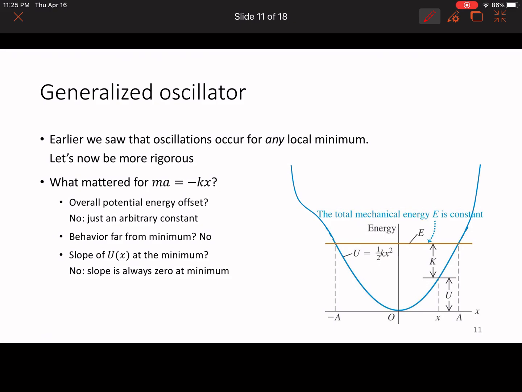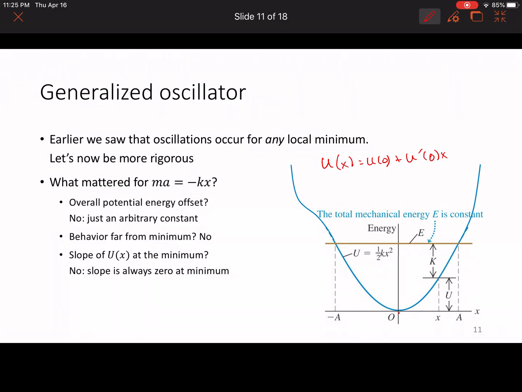And now we need to start thinking about calculus, because when I have a function and I want to approximate its behavior near a minimum, the way to do that is through this Taylor series. It's through calculus. So we don't care about the value there. If I do a Taylor series of u about the minimum, I don't care about the value. Do I care about the first derivative?